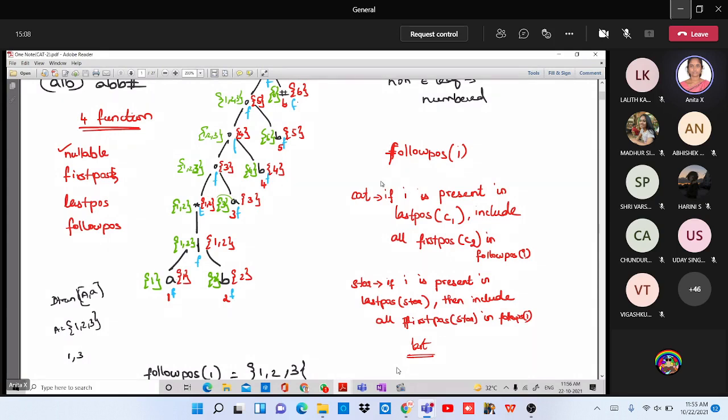If I am finding follow position of 1, I have to check whether 1 is present in last position of C1. Yes, it is present. If present, I have to include the first position of C2. I am checking last position of C1, but I have to include first position of C2 in follow position of i.